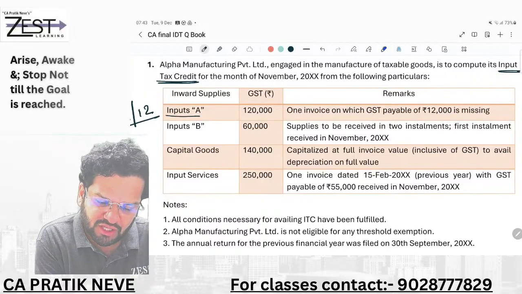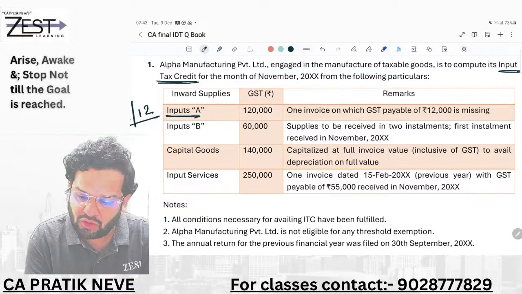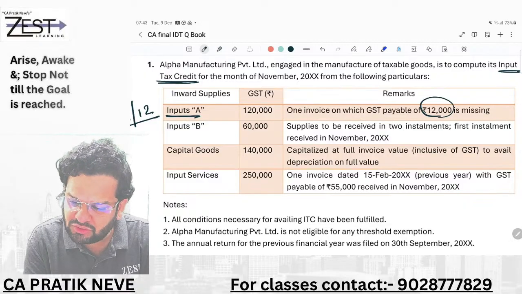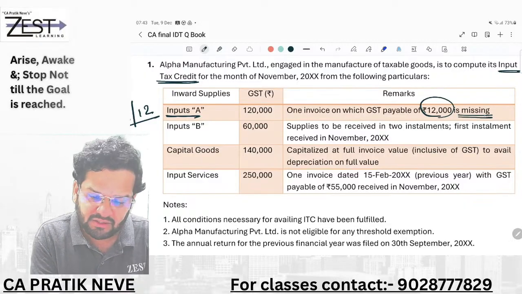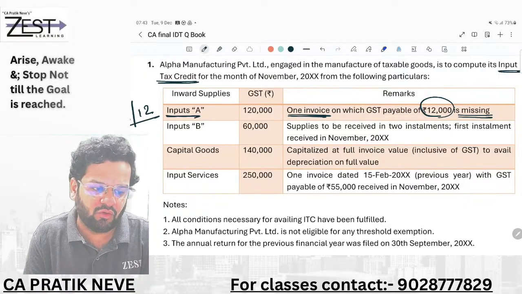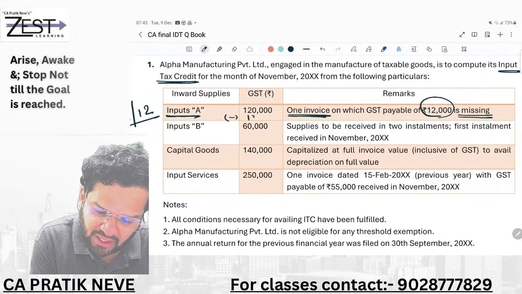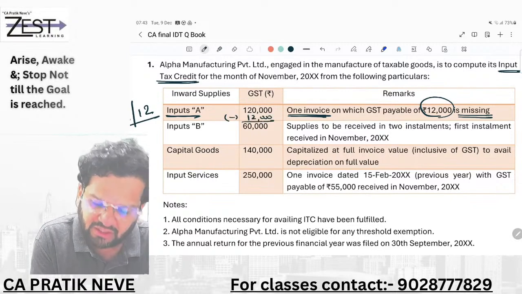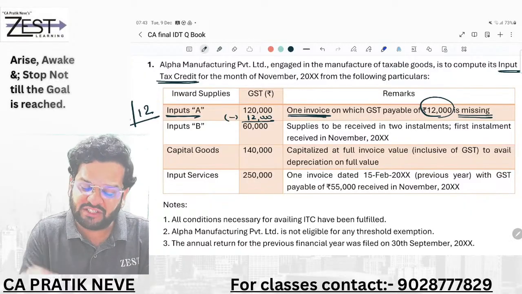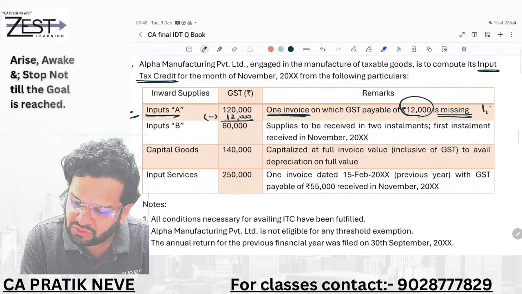Now inputs A. One invoice on which GST payable is 12,000 is missing. Friends, one invoice is missing. If one invoice is missing, then of course you cannot take ITC of that 12,000. So how much ITC you can take in this case is 1,08,000.